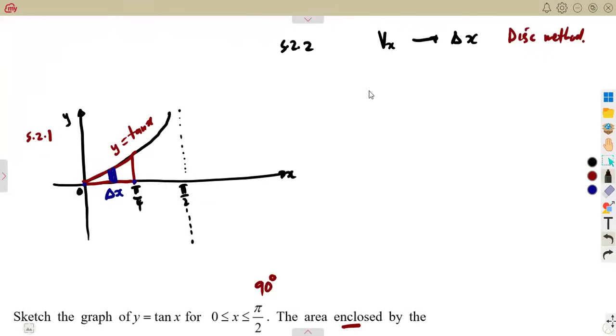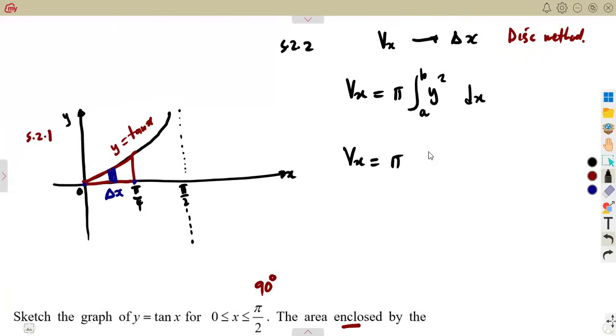Okay, so remember your disk method, we talked about this. The volume with respect to x is going to be given by pi, the integral of y squared with respect to x, with the limits a and b. The disk method is the normal method, remember, that we are used to. There's no adjustments there. It's just a matter of substitution.